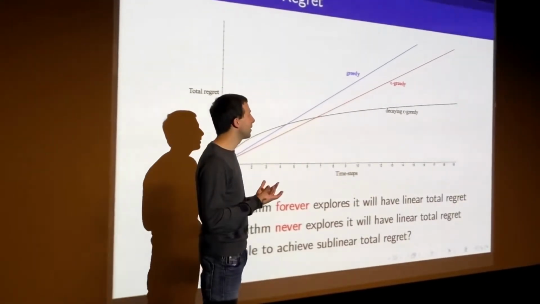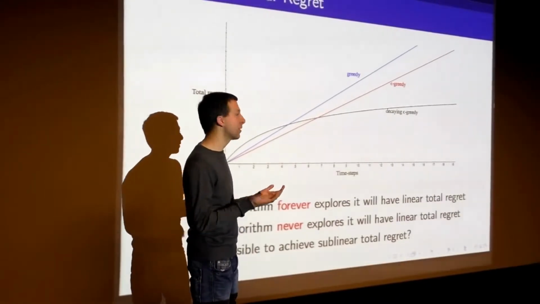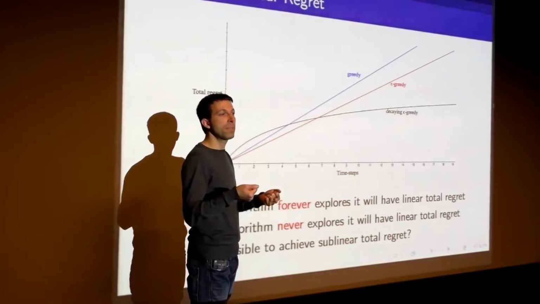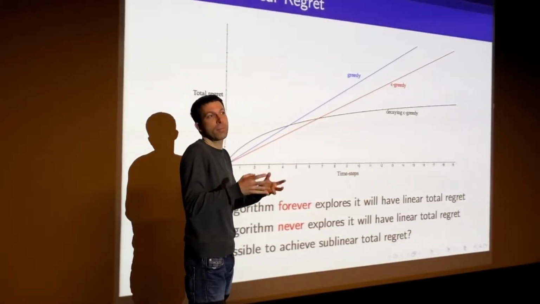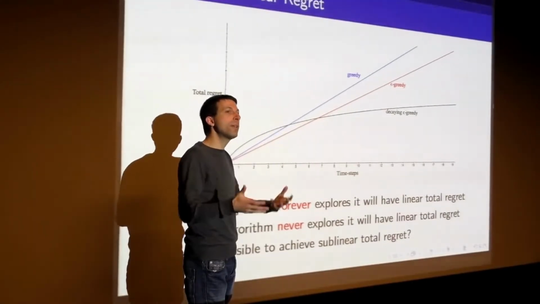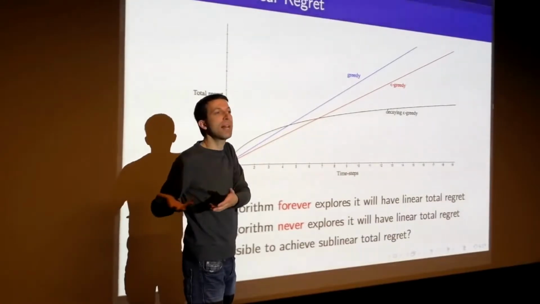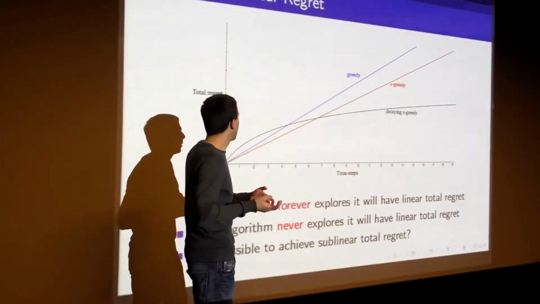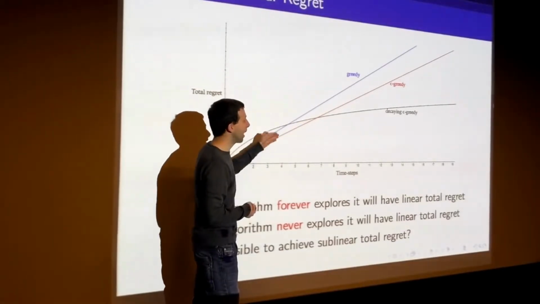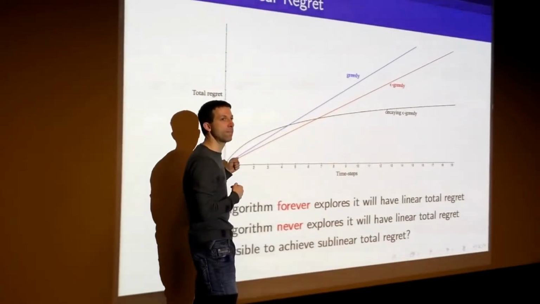Well, what's going to happen is that every single step in expectation, there's some probability that we'll pick the best action, but there's also some fixed probability that we'll pick completely at random. And if we pick completely at random, that's always going to incur some regret unless we just stumble accidentally upon the best action. And so if we keep picking randomly, we're just adding on regret. We're adding on a sort of constant amount of regret every step in expectation.